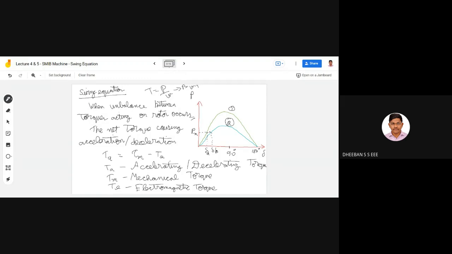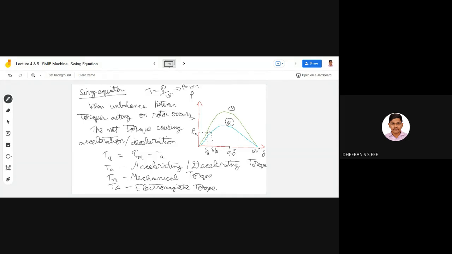I have already told you that stability depends upon three main parameters: frequency, rotor angle, and voltage stability. And over there exists your rotor angle, which is the thing that is related to this swing equation.